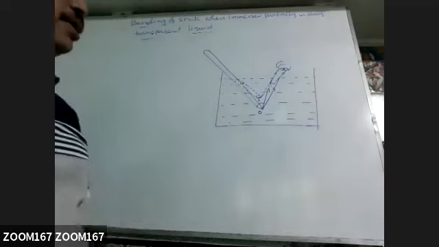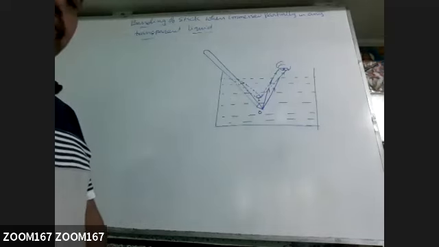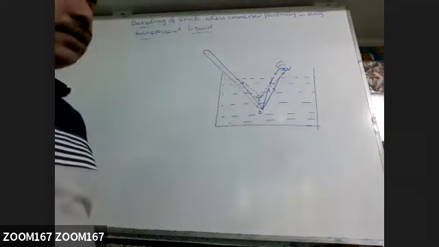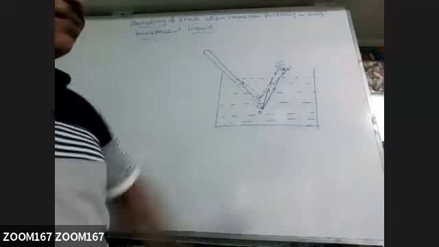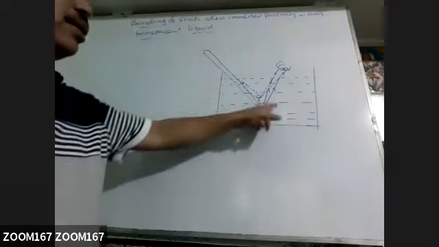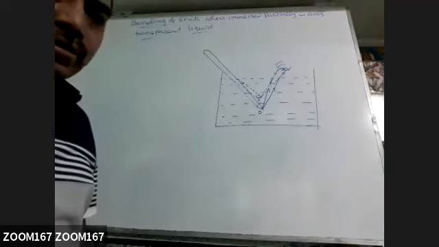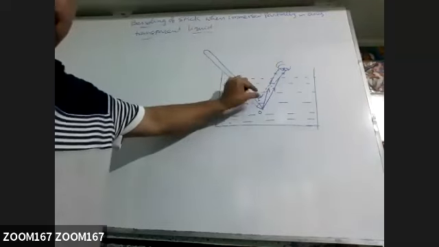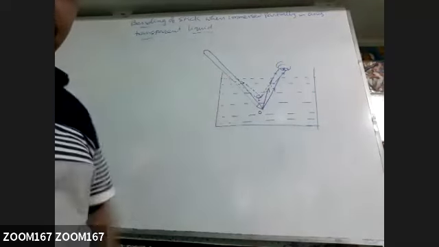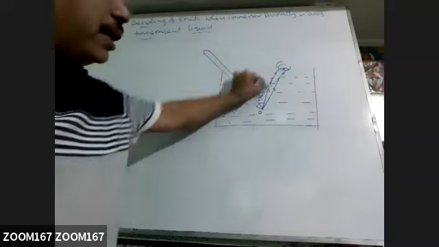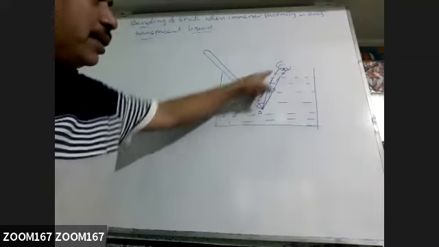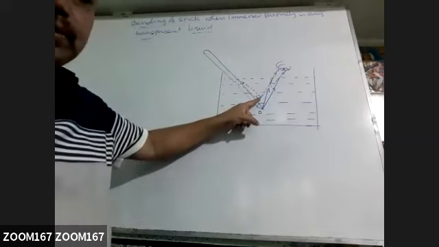So what we'll write? The rays of light coming out from the immersed part of the pencil bend away from the normal while going from water to air. And when these rays are retraced by our eye, because we will not feel that it has bent, we will always feel that the ray is coming straight. So this ray is appearing to come from here, this ray is appearing to come from this place.